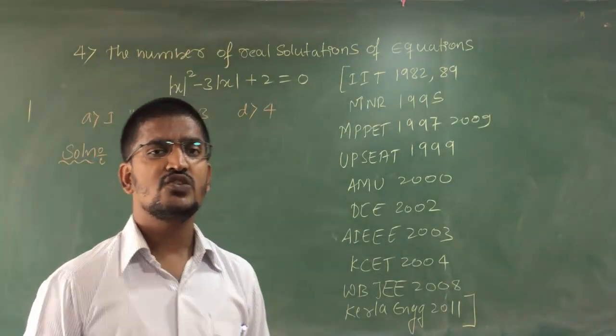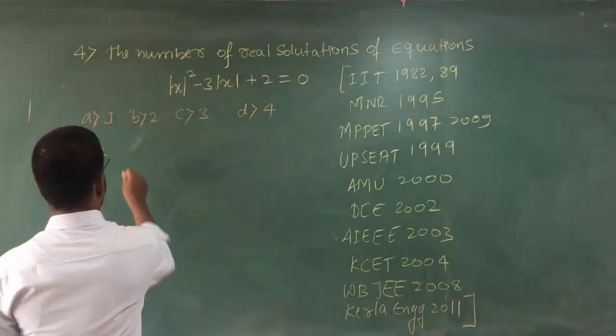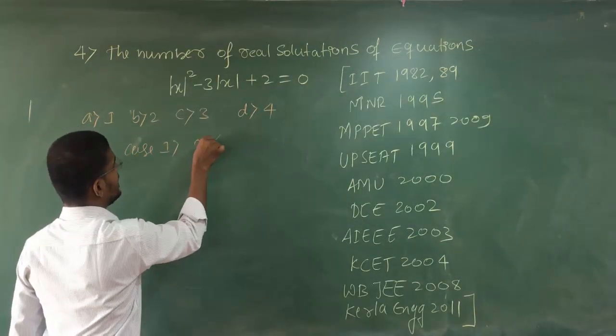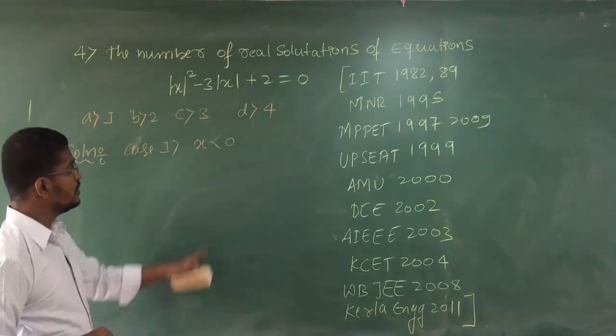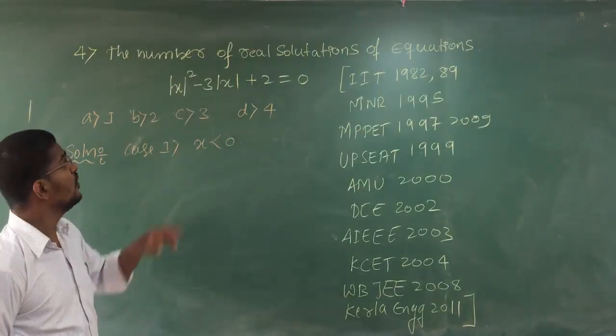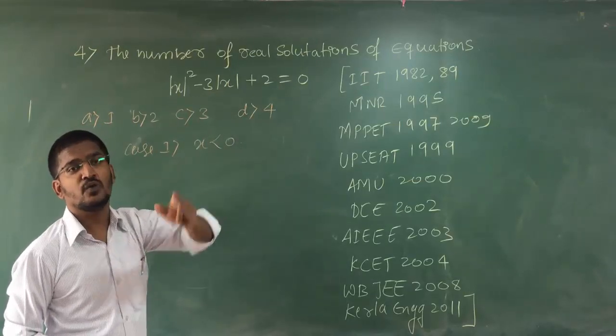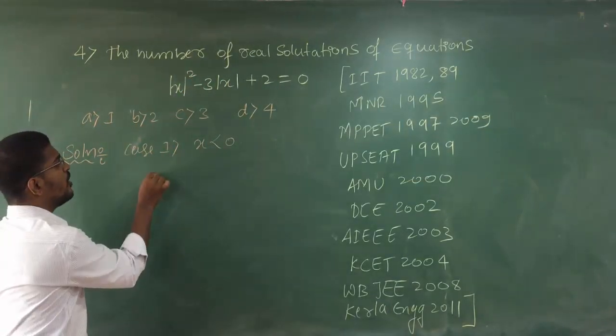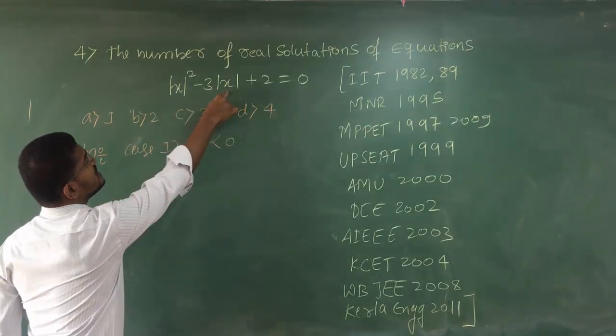Clear, students? So first let us solve case 1. Whenever x is lesser than 0, |x| will become negative. Here it is having a square, so no problem, it will be x^2.